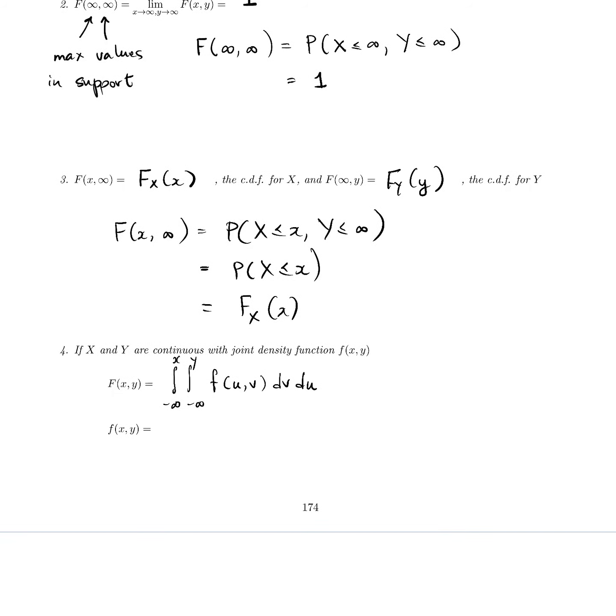And if it is an integral, then the small f, the density function, has to be a derivative, and we need to differentiate in both directions. So we're talking about del squared F over del x del y, or del y del x if everything is continuous. The order doesn't matter. It is the second mixed partial of the joint CDF. In the next video, we will go and apply some of these properties.